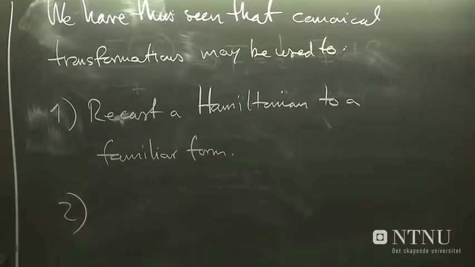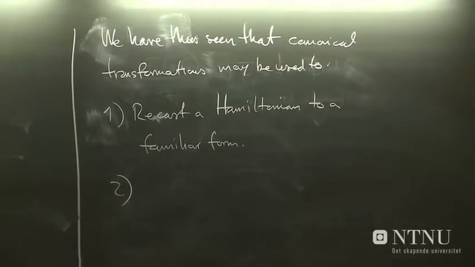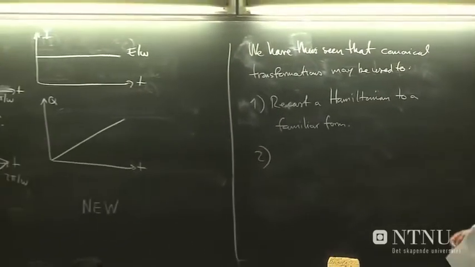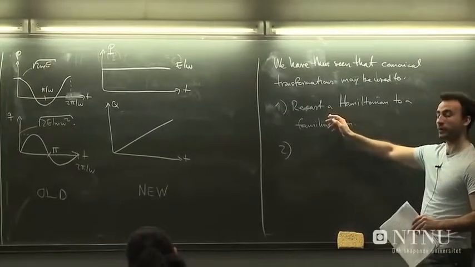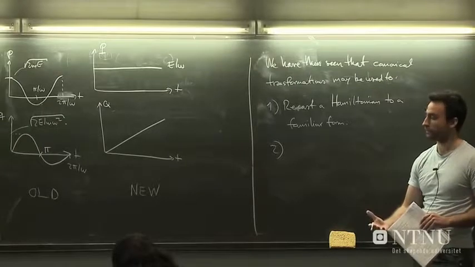So with the two preceding examples, what we have seen as a practical usage of these canonical transformations is that they can be used, one, to recast a Hamiltonian from an unknown form to a familiar form.